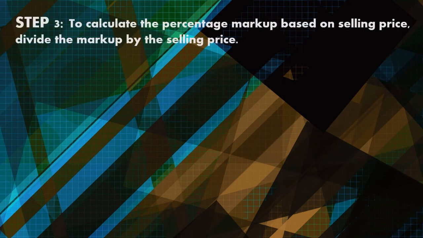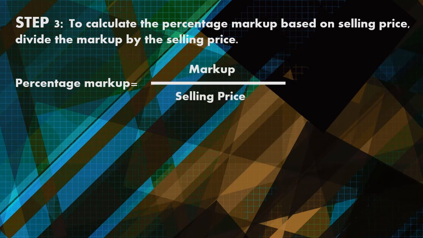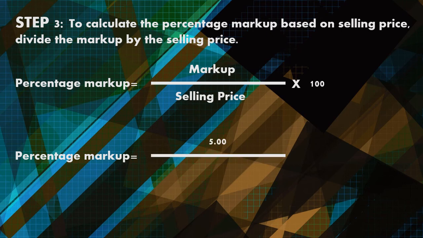And lastly, step 3. To calculate the percentage markup based on selling price, divide the markup by the selling price. So here's our formula. Percentage markup is equal to markup divided by selling price multiplied by 100. So for instance, your markup is worth 5 pesos and your selling price is worth 15 pesos.